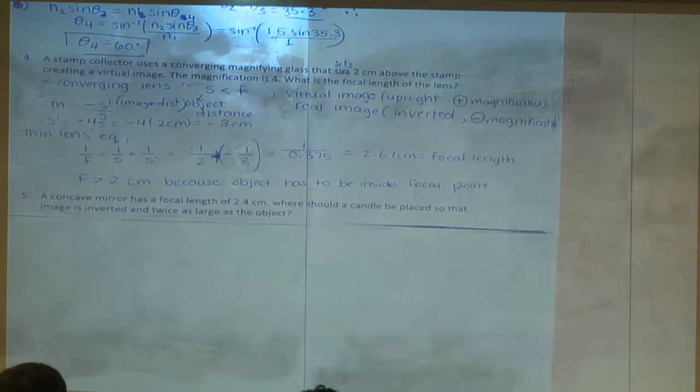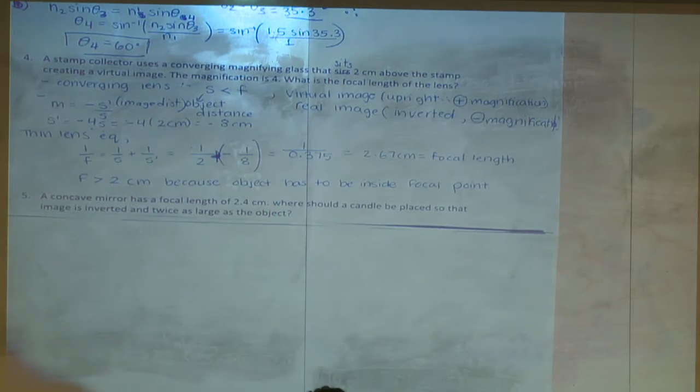So this is a mirror, and a concave mirror has a focal length of 2.4 centimeters. Where should a candle be placed so that the image is inverted and is twice as large as the object? So right off the bat, we know that the image is inverted, which means that the image is real, and we're going to have a negative magnification.